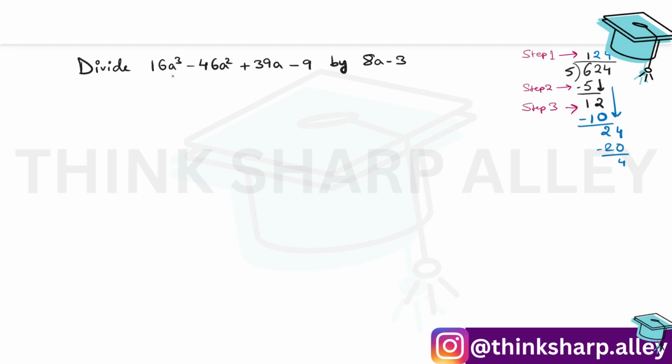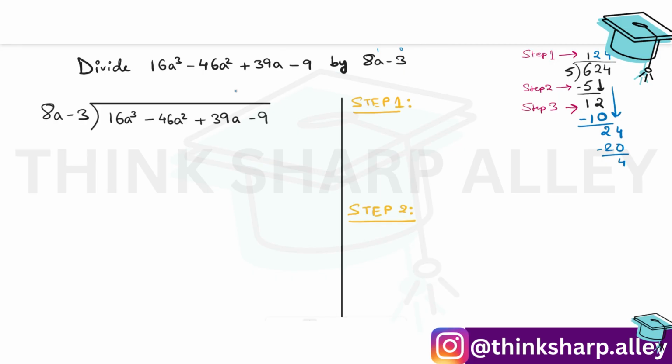Over here, the variable is a, so first power is a cube, then a square, then a, then nothing, which means a to the power 0. So it is perfect. Let us look at the divisor. A, which means power is 1, and a to the power 0, which means power is 0 over here, right? No variable means the power of the variable is 0. So it's perfect to begin with.